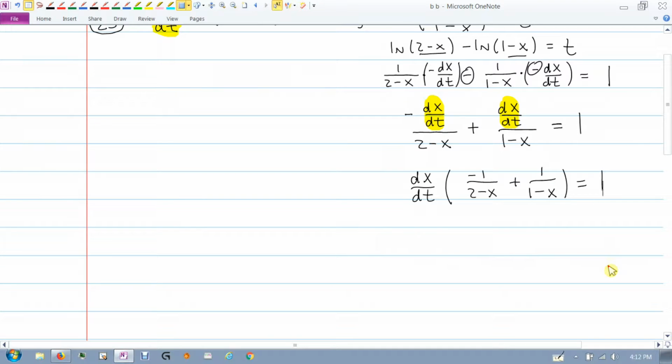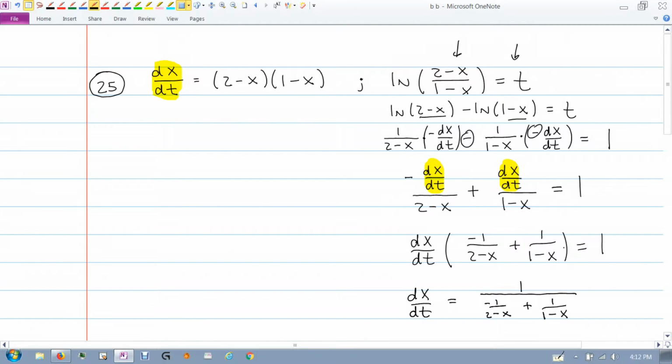And then I go ahead and divide both sides. Now, dX with respect to t equals 1 over. Now when I divide through by all that junk, I get -1 over 2 minus x plus 1 over 1 minus x. Okay, so that's what dx dt is. Looks ugly, but that's what it is.